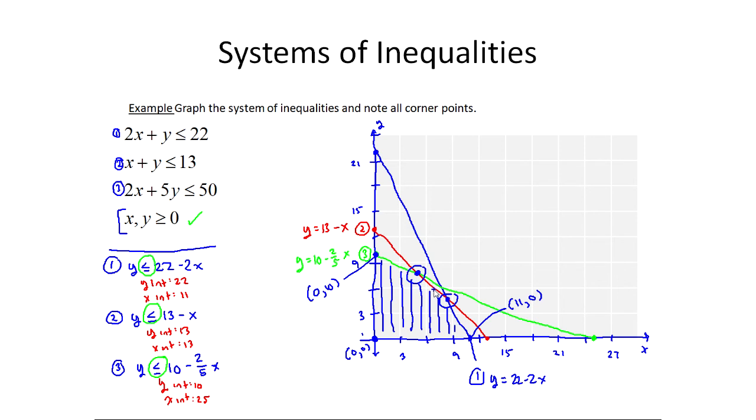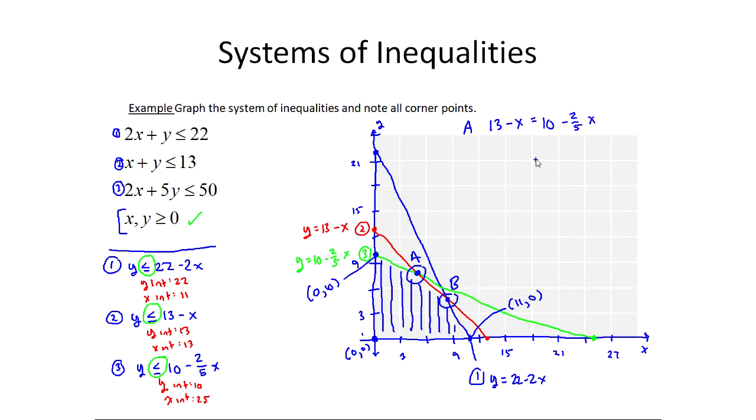If you want to find the intersection points of two lines, we already studied how to do that. There's actually two possible methods, right? One method is to go through and use your calculator. The other method would be to set the two lines equal. For instance, I'm going to call this A and B. A, I could find this intersection point by setting the red line, 13 minus x, equal to the green line, 10 minus 2/5 x.